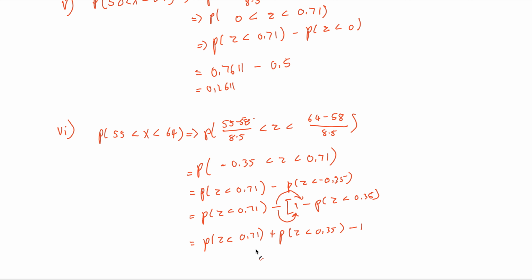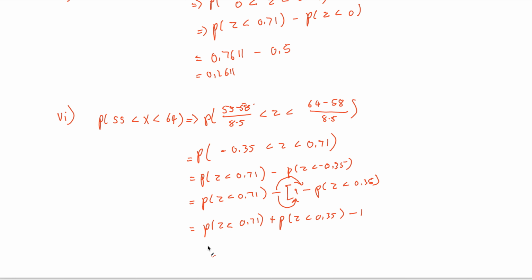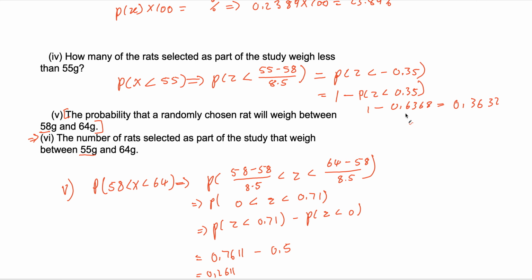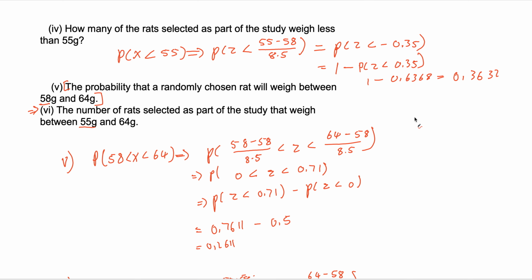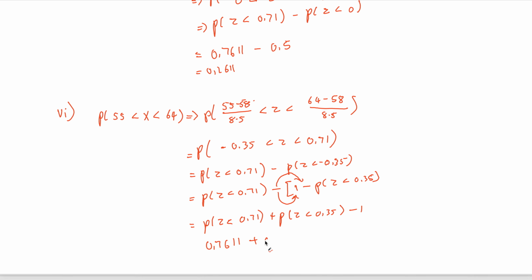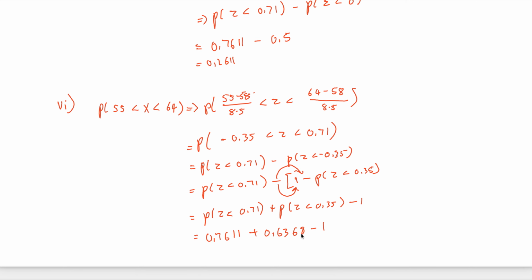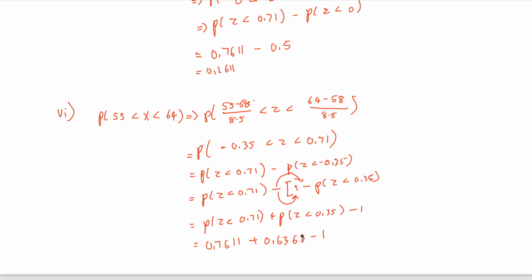So we know that 0.71 gives us 0.7611, and then plus 0.35 gives you 0.6368. So this is 0.6368 minus 1. You could already see that this is over 1, so that 1 will bring it back in line.